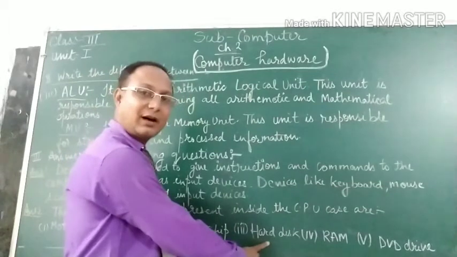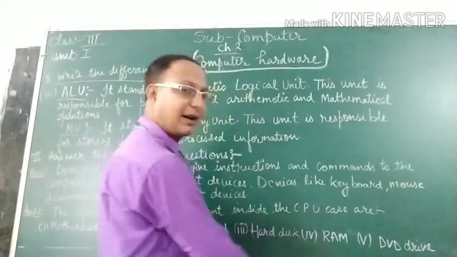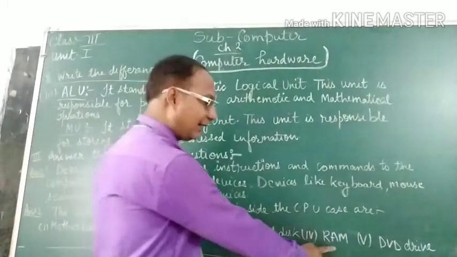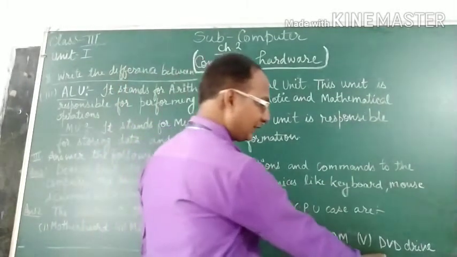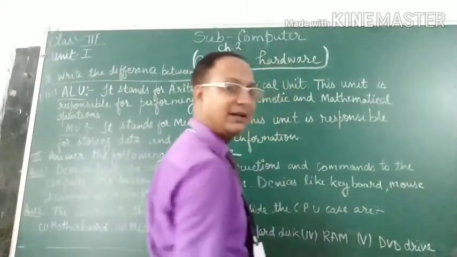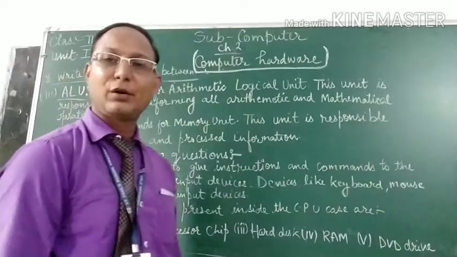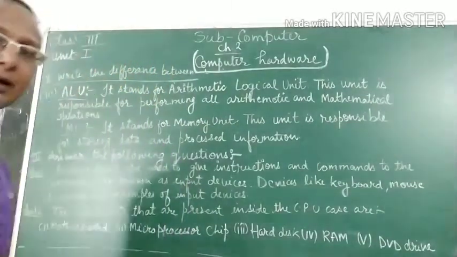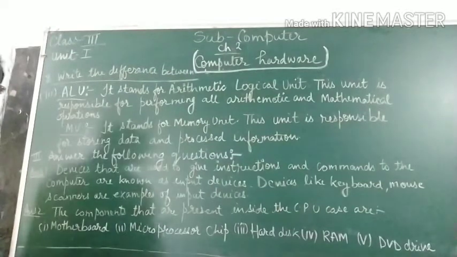Fourth, RAM, that is random access memory. And fifth one is DVD drive. Now note down the answer from the board in your notebook.